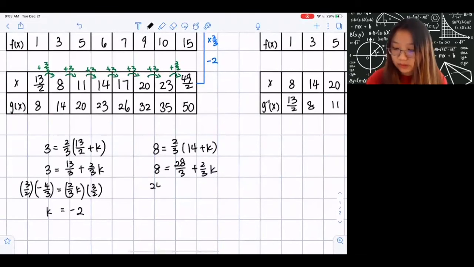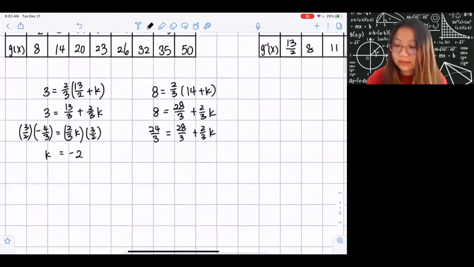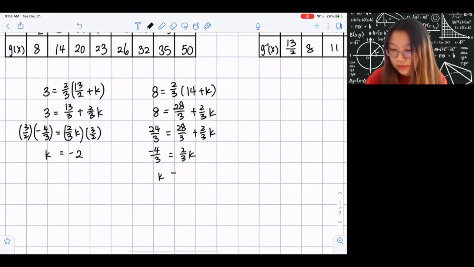Let me just write it out so you understand this: 28 over 3 plus 2/3 k. Then I'm subtracting 28 over 3 on both sides, so I will get negative 4 over 3 equal to 2/3 k. Then it's the same process. I got k equal to negative 2. Okay, so now you should believe me, right? Though those numbers are kind of weird, it's correct.